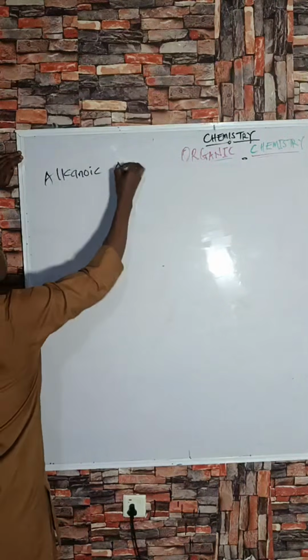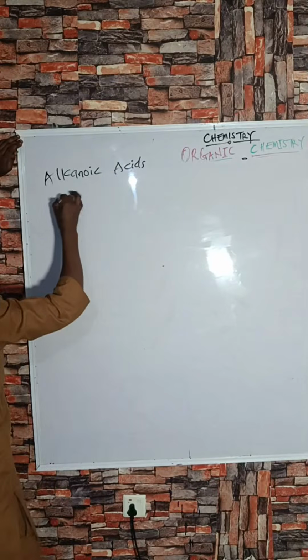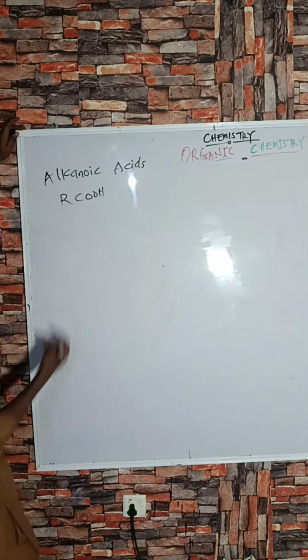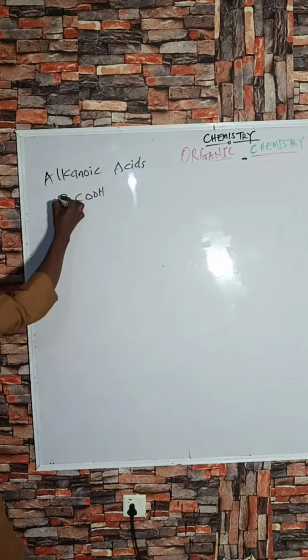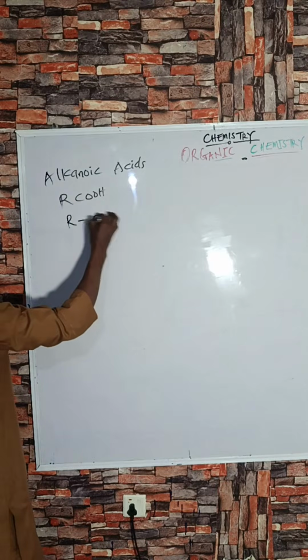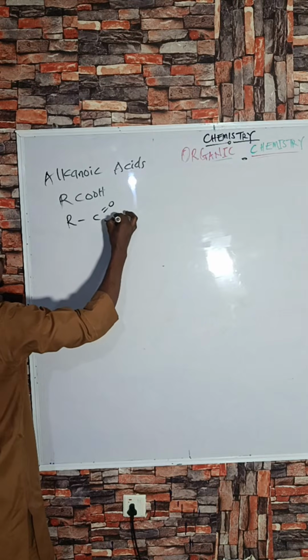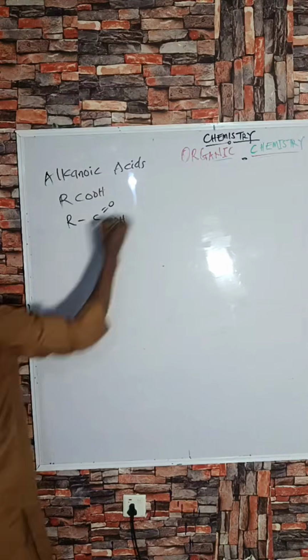Alkanoic acid. For alkanoic acid we use RCOOH. So I'm going to draw the structure out. So this is the structure.